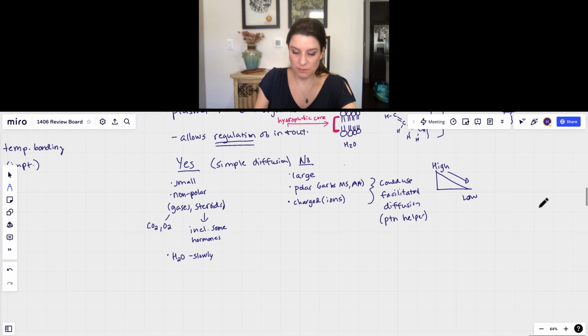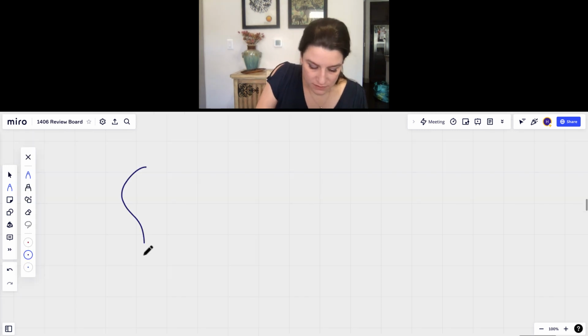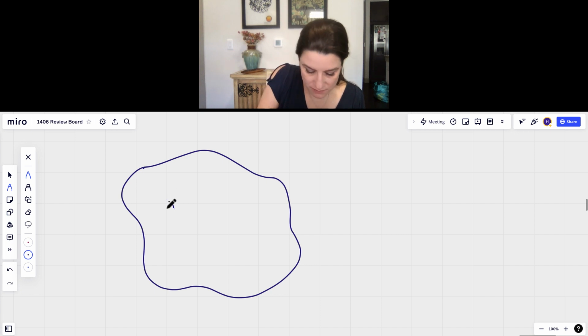Let's just look briefly at an amoeba, so we can see some transport here. So here's the nucleus. It has a little contractile vacuole we'll talk about in a second.